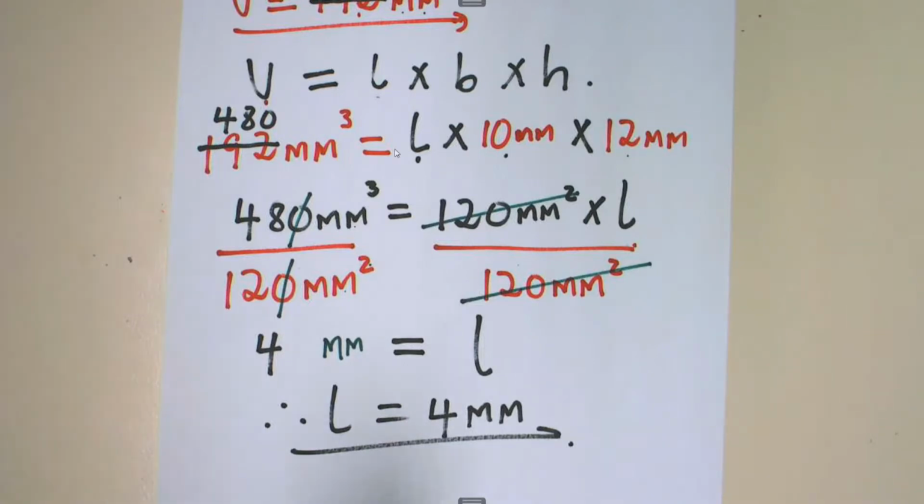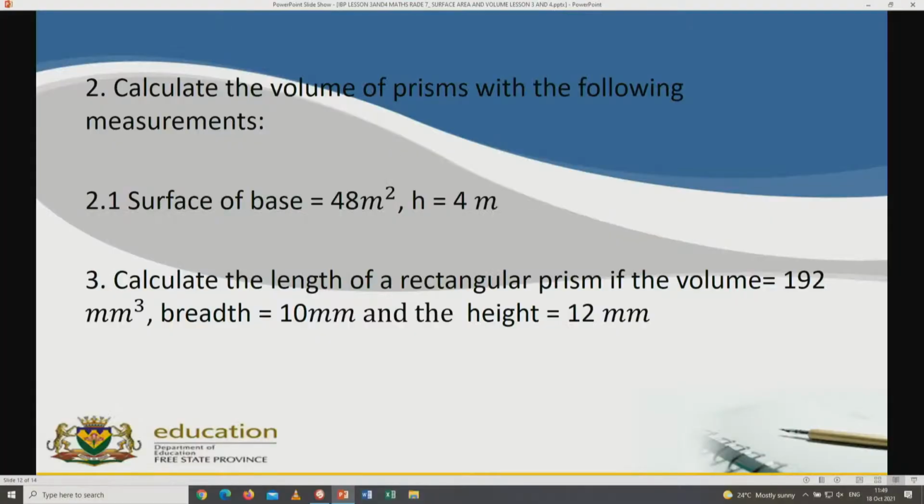Now here, if we have to recap, the question was saying, calculate the length. It was very clear. Length is not given. It is unknown. But what we know is that the volume was already calculated, the breadth was given, and the height was given.